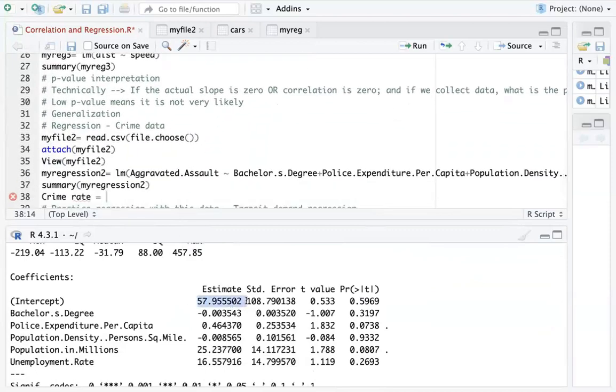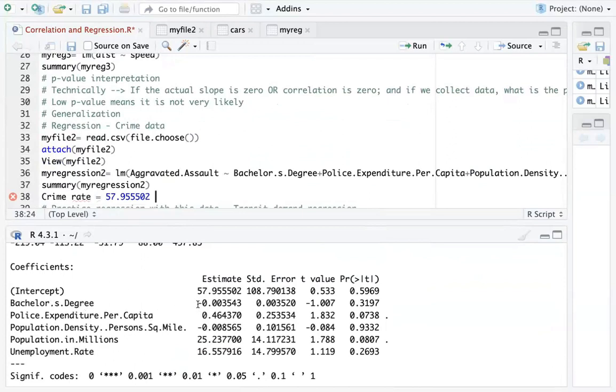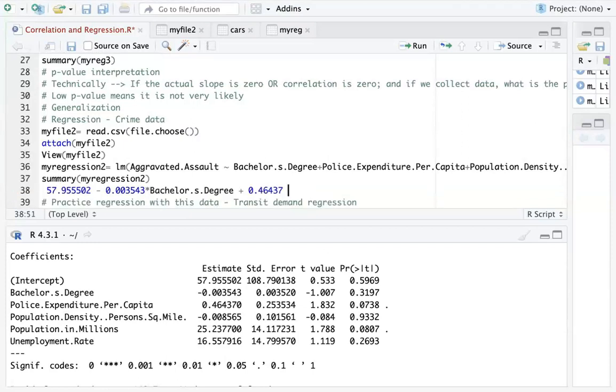So I will just copy this one, is equal to intercept, slope of next variable, and the next variable is bachelor's degree. So I will just copy this one multiplied by the name of the variable, that's bachelor's degree. And then the next variable is police expenditure per capita, and that's 0.467 multiplied by police expenditure.